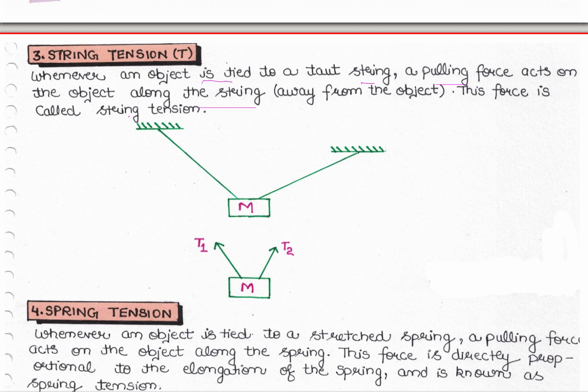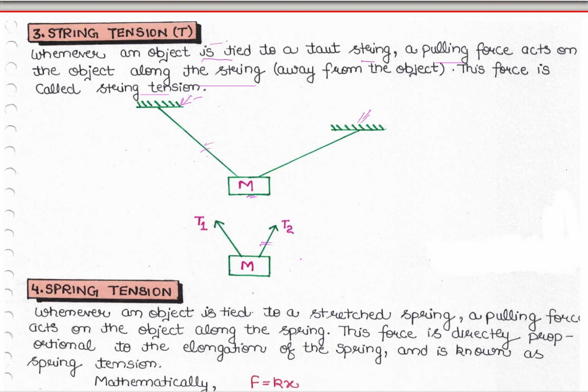This force is called string tension and it is represented by capital T. Here you can see this is the mass capital M and this is the tension force, tension with a surface, and this is another where tension is connected to another surface. So this would be tension T1 for this wire and this would be tension T2 for this wire.